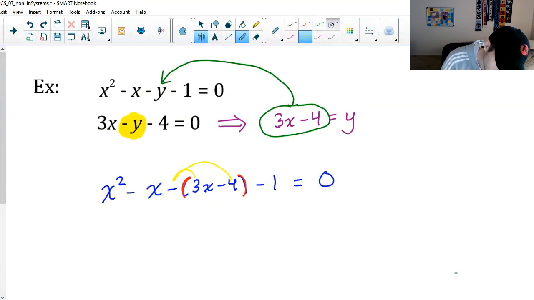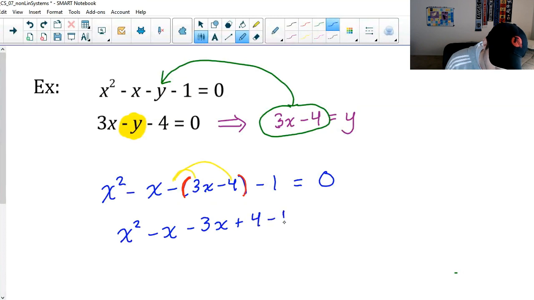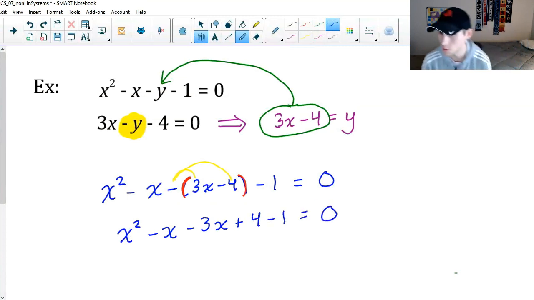So let's distribute. X squared minus x minus 3x plus 4 minus 1 equals 0.